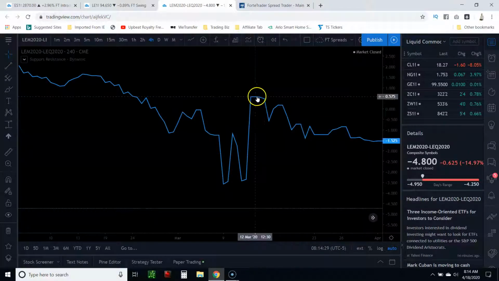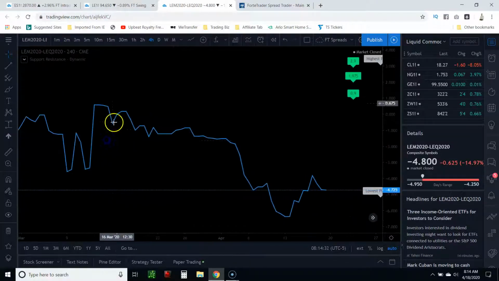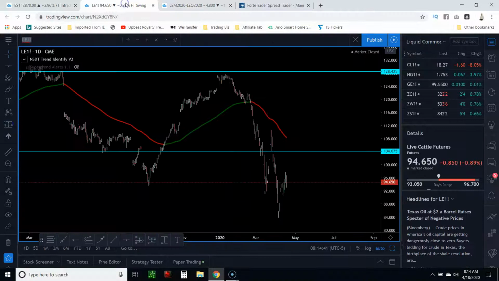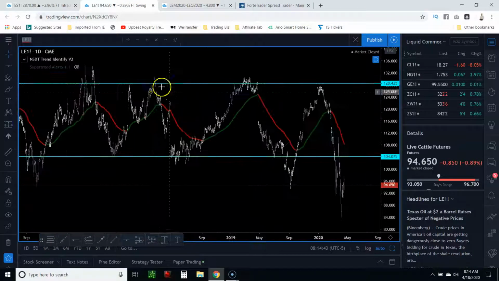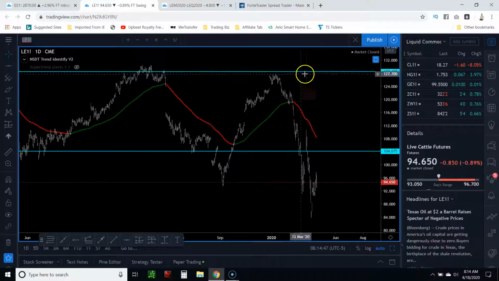Okay, so mid-March, we were up here. Price on cattle on this spread was around minus 0.60 in mid-March, and you take a short off the highs of the regular outright, where you see a nice channel. 1, 2, 3, 4 quadruple tops, 130s being a high.